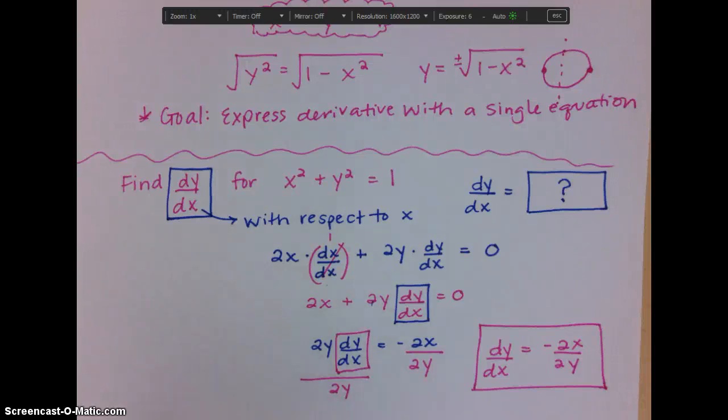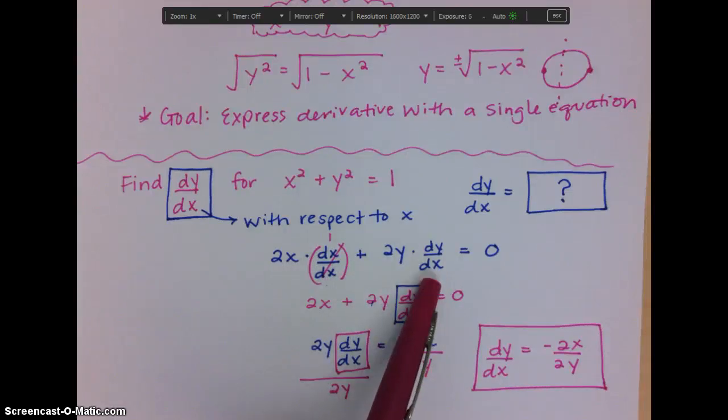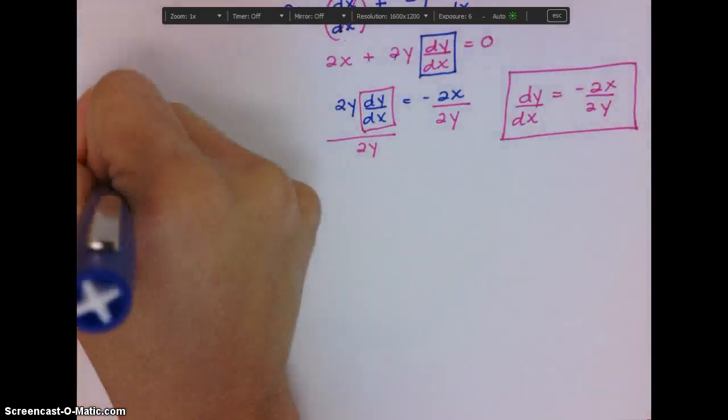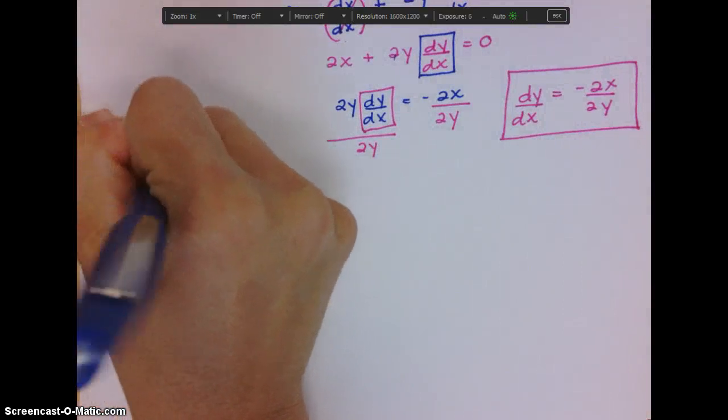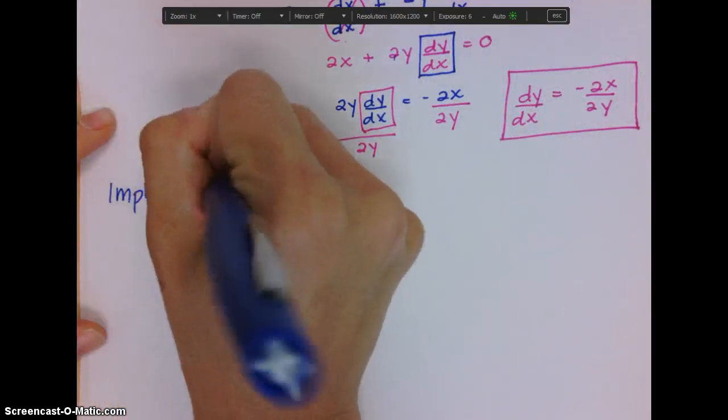Alright, so basically what we need to do is take the derivative as usual, but we need to denote with each term what variable we used and what we're taking the derivative with respect to, and then ultimately we need to solve for that dy dx variable. So let me summarize that. Okay, so implicit differentiation summary.